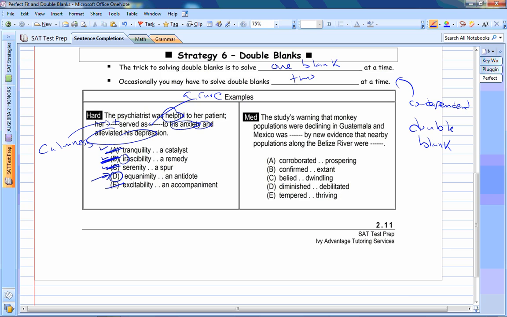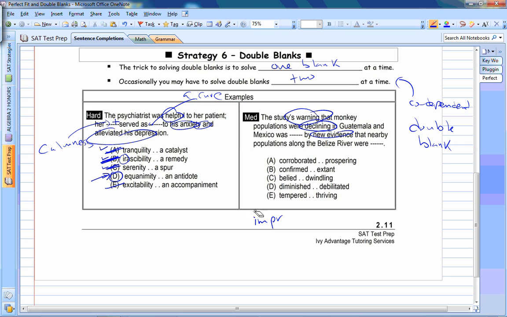The last one here. The study's warning that monkey populations were declining in Guatemala and Mexico was blanked by new evidence that nearby populations along the Belize River were blank. So in this case, there's a study warning, population declining, and there's new evidence. So you could say the populations were improving.